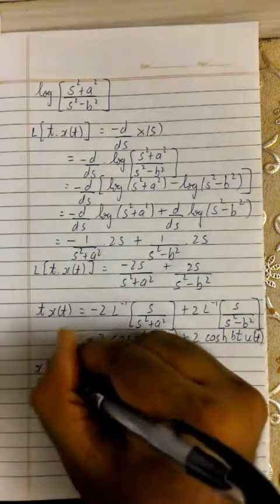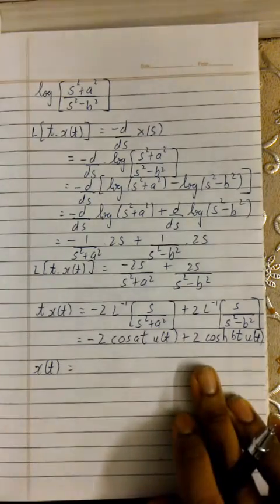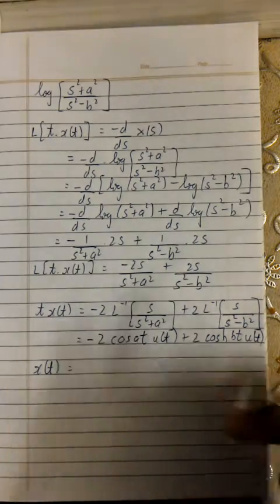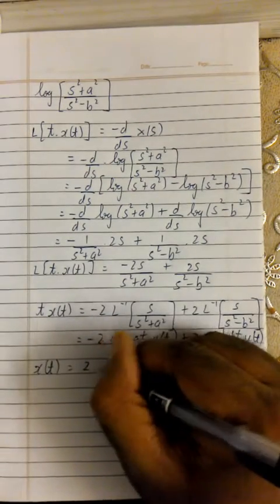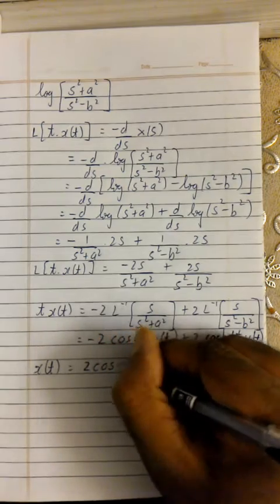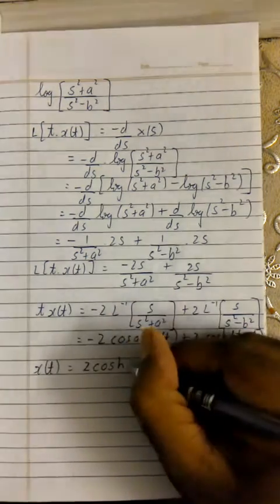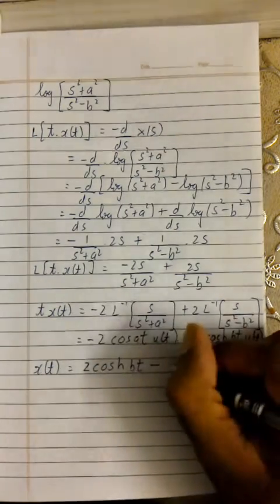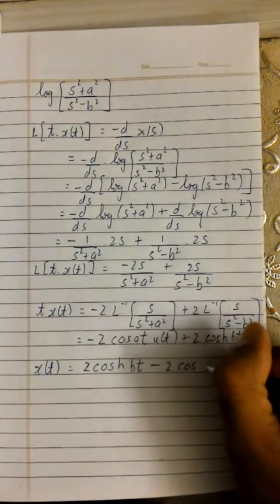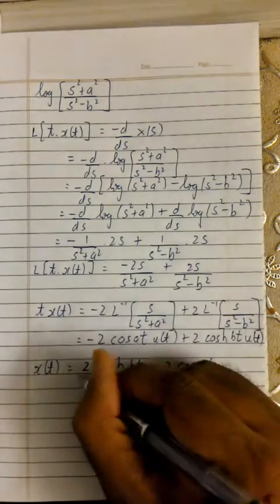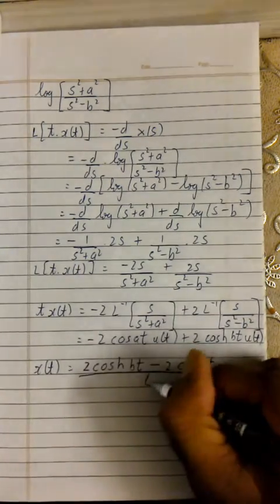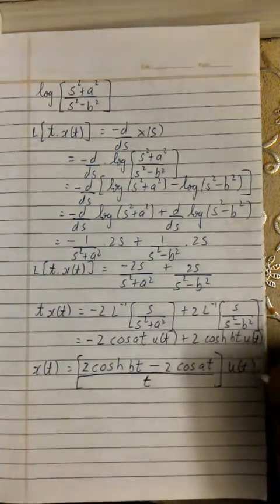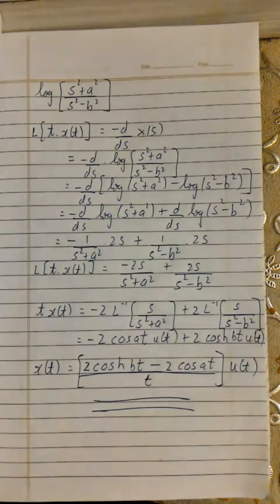So x of t is nothing but, let me take u of t outside, so it will become 2 cosh bt minus 2 cos at, by t, into u of t. This is your answer.